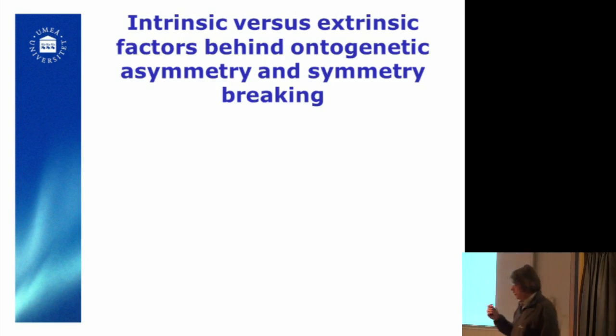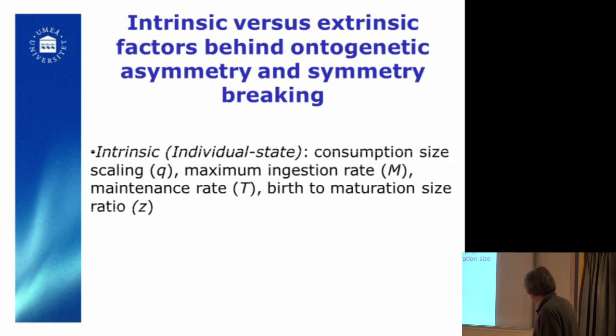I already mentioned when I discussed the community effects of ontogenetic asymmetry that you can induce ontogenetic asymmetry both by intrinsic and extrinsic factors. What I mean here with intrinsic was basically that we varied Q. That is, if Q is not equal to 1, we have ontogenetic asymmetry, and that is a characteristic that relates to the individual.